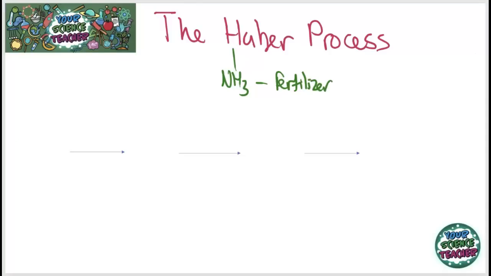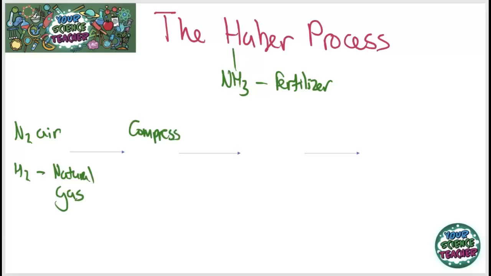And what we do is we react nitrogen from the air with hydrogen, which is collected from natural gas. And the first stage of my reaction is I have to compress this down to a high enough pressure. I'm going to go over some of the conditions for this reaction.